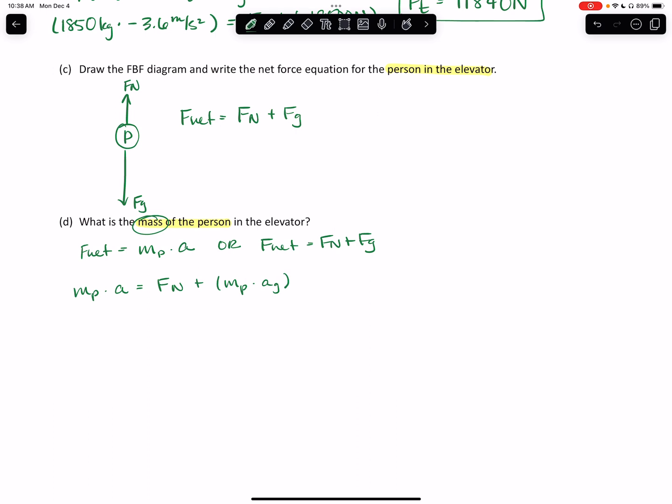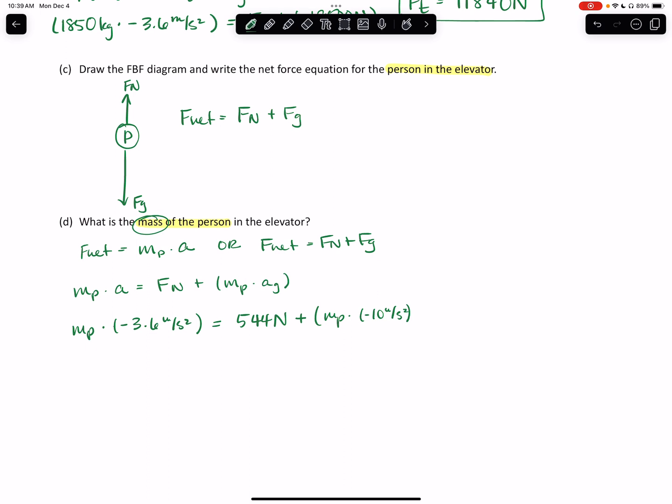So I plug in what I know. I don't know the mass of the person, but I do know his acceleration is negative 3.6 meters per second squared. The normal force was given at the beginning of the problem as 544 newtons. That is the apparent weight. And then I have the mass of the person times negative 10 meters per second squared. So I only have one unknown in here, the mass of the person.